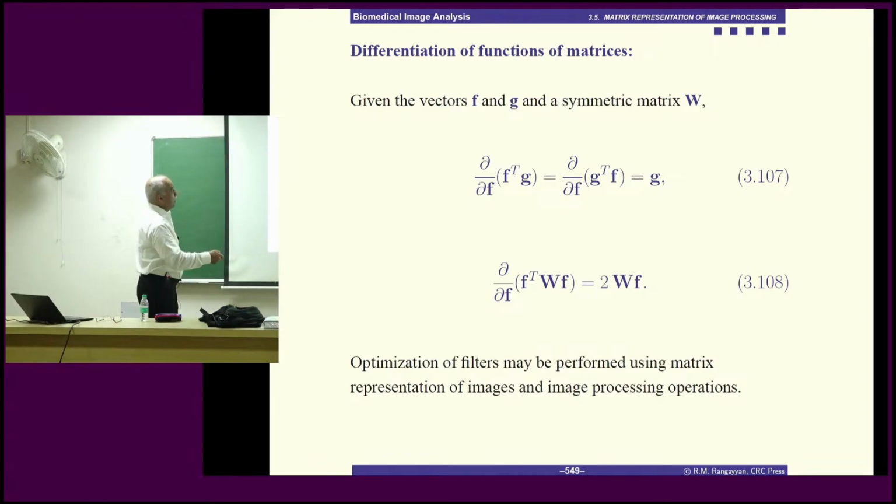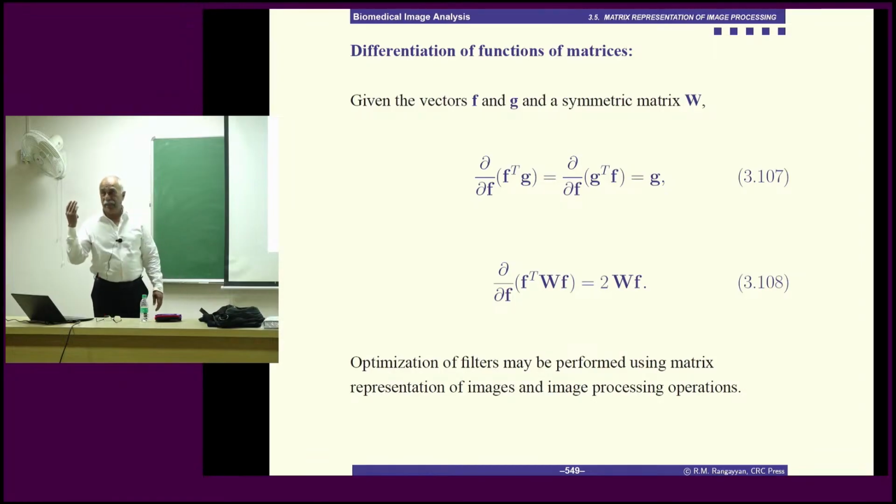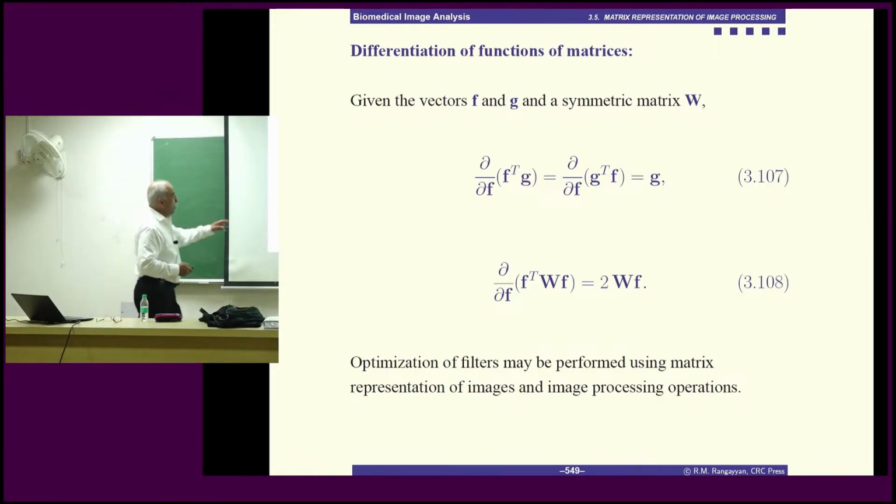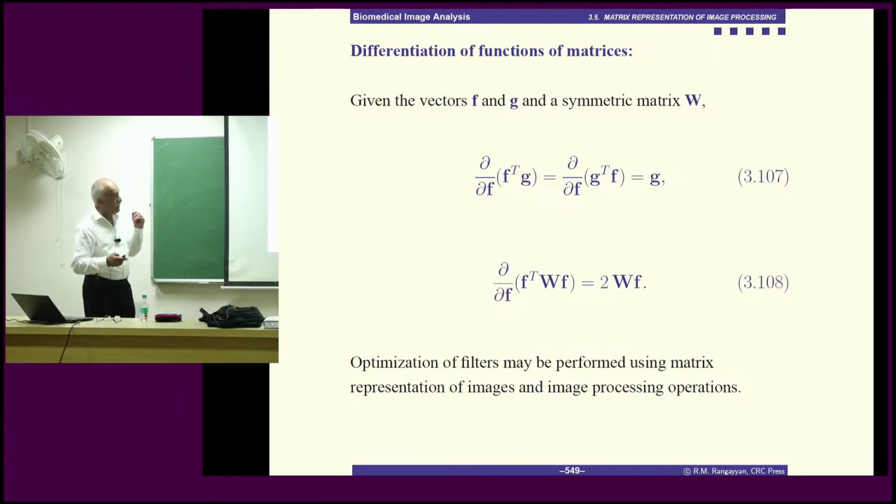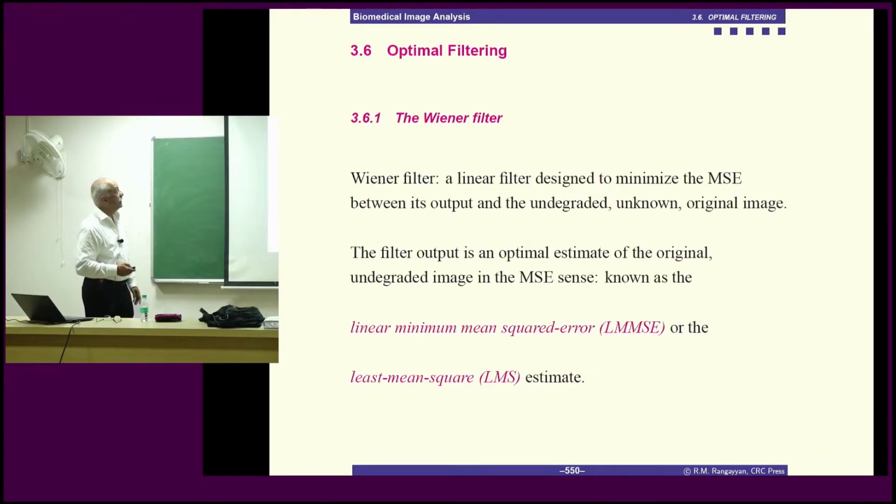And when you have F transpose WF, you get 2WF, taking the derivative with respect to F, not W. W is the transform matrix. You don't take the derivative with respect to that, but the input variable F, the image or signal. So optimization of filters may be performed using matrix representation of images and image processing operations.